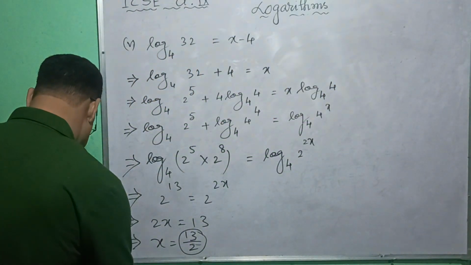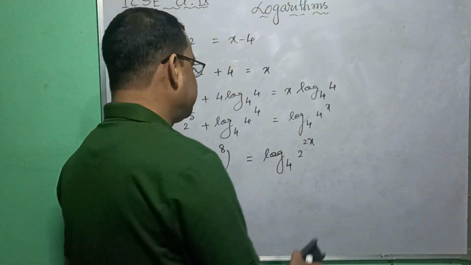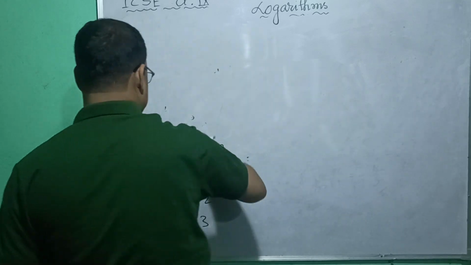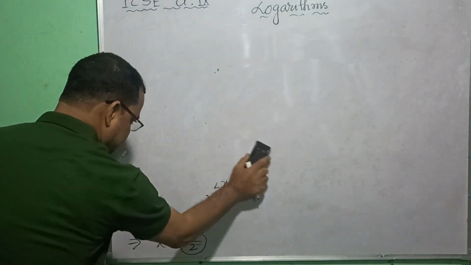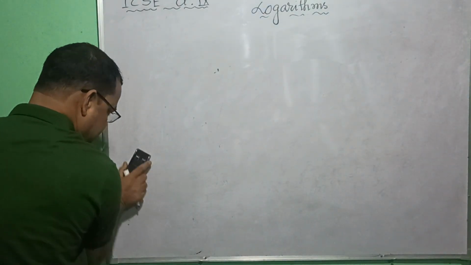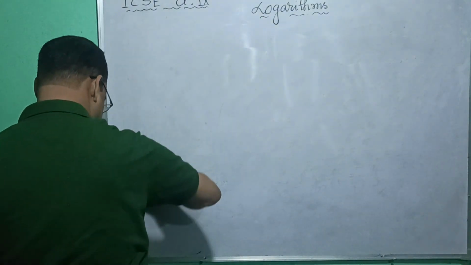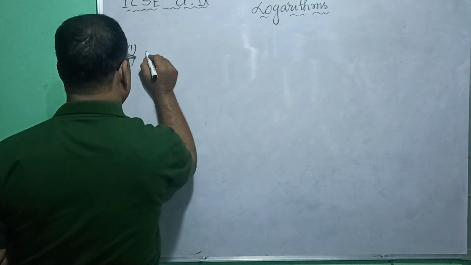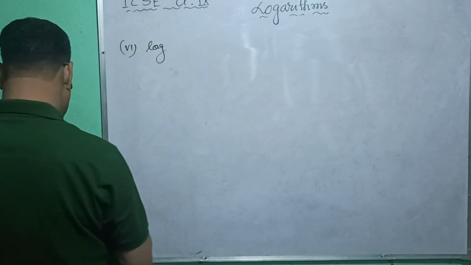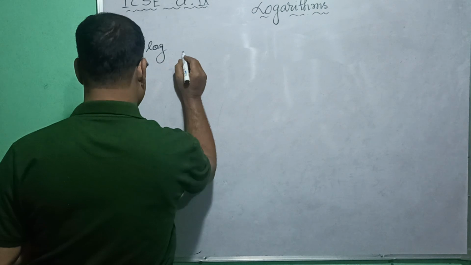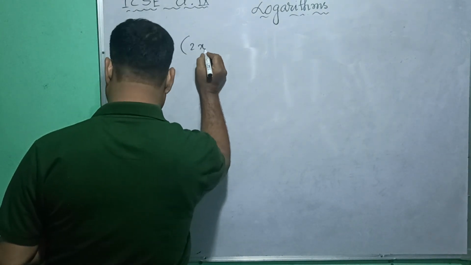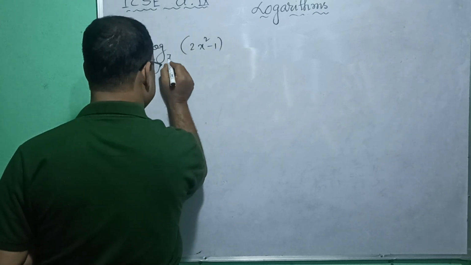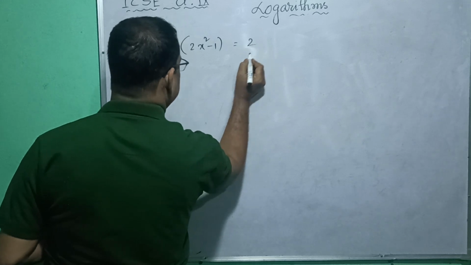Now the last one in question number 7, Roman 6. We'll solve Roman 6. In Roman 6 it is given log 2 into 2x square minus 1 at base 7 equal to 2.